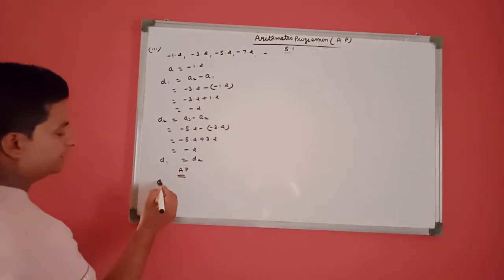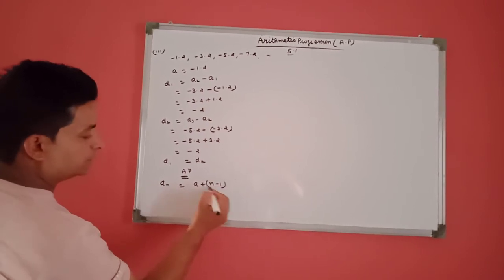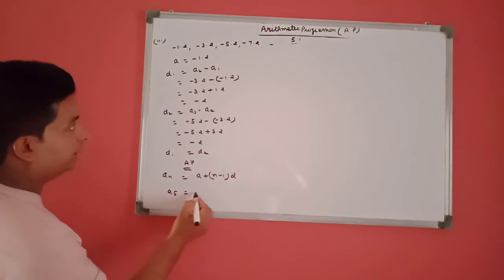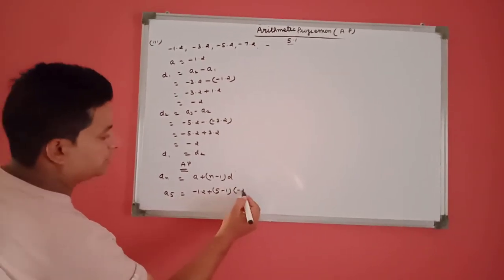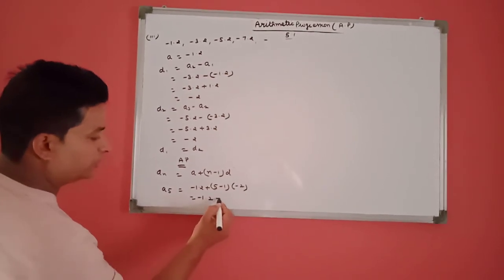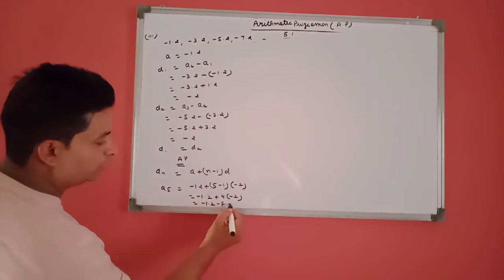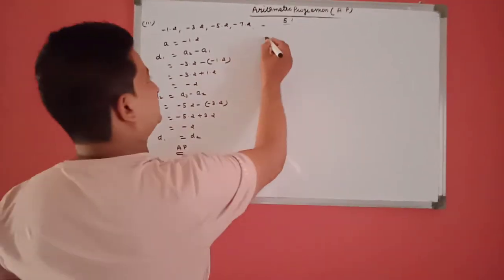So we are required to find the next three terms. For this we use the general formula. A5: a is minus 1/2, (5 minus 1), d is 2. This is minus 1/2 plus 4 times 2, minus 1/2 plus 8, which is 15/2. It is the fifth term.